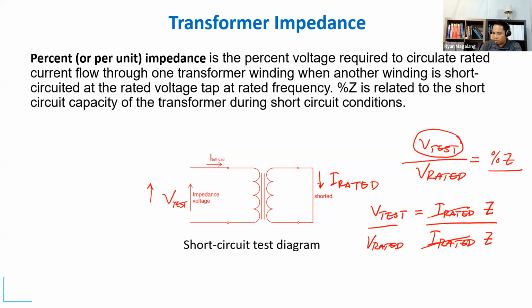Now this cancels out, and now you are left with a ratio of the impedance to an apparent impedance. So that's essentially a dimensionless quantity. So that's why in the old days they called it impedance voltage, and now we just call it percent impedance.